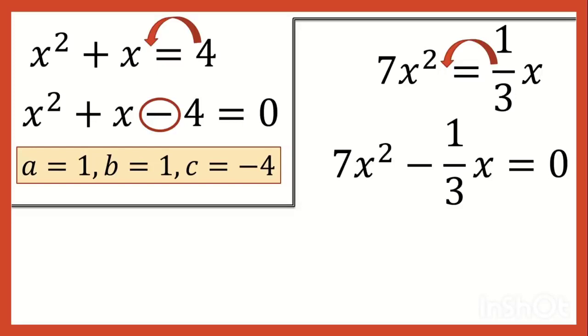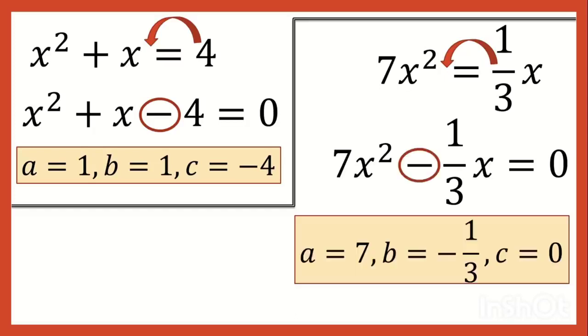So ililipat natin si 1/3 x and then equate to 0. 1/3 x will become negative. So we will have now the value of a, which is 7, b is equal to negative 1/3, and c is equal to 0 since we do not have the value of the constant term.